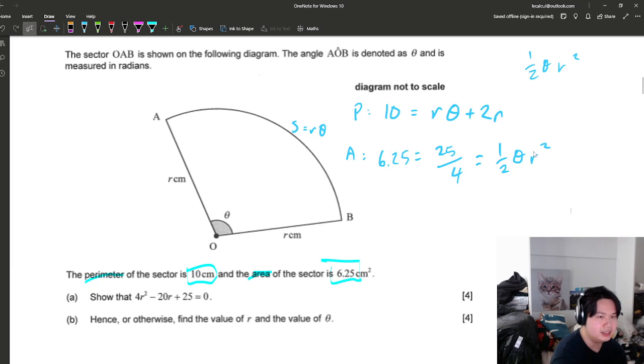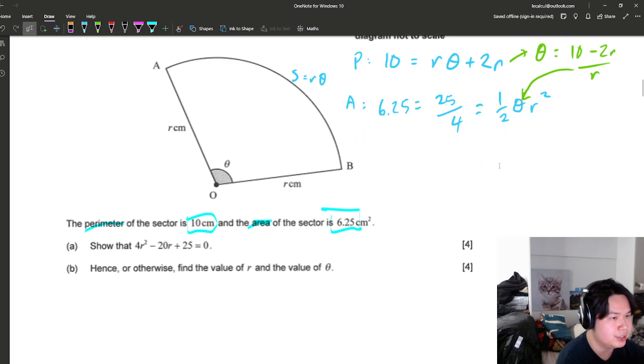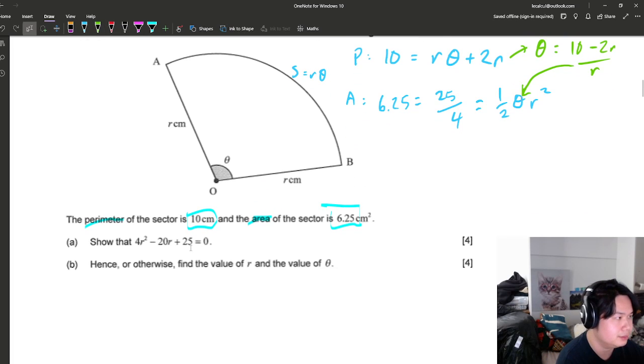So let's solve for theta. I'll use equation 1. So theta is 10 minus 2r divided by r, right? So this now gets substituted into here. And then we will not have theta anymore, and then they probably just get rid of fractions and stuff, and then you'll get a.